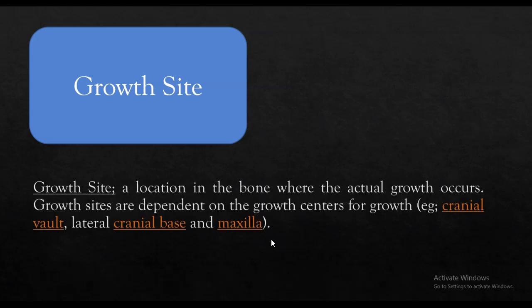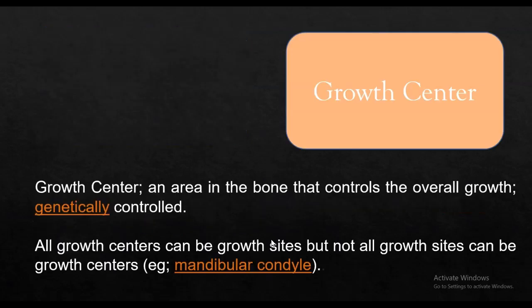In other words, growth sites serve as a location in the bone where the actual bone growth occurs. Growth sites are dependent on the growth centers for growth. A growth center is an area in the bone that controls the overall growth under genetic factors. All growth centers can be growth sites, but not all growth sites can be growth centers.